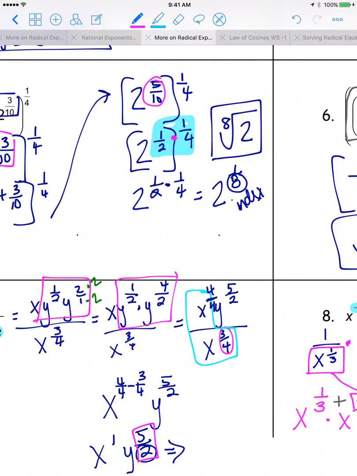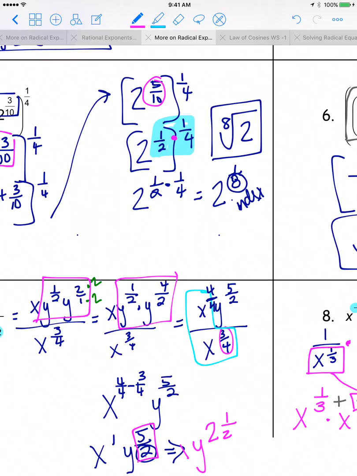Because we have 5 y's under a square root, that means we can pull out some of those y's. If we wanted to write this as a mixed number, how many times will 2 go into 5? Well, it goes in there 2 times with 1/2 left over.